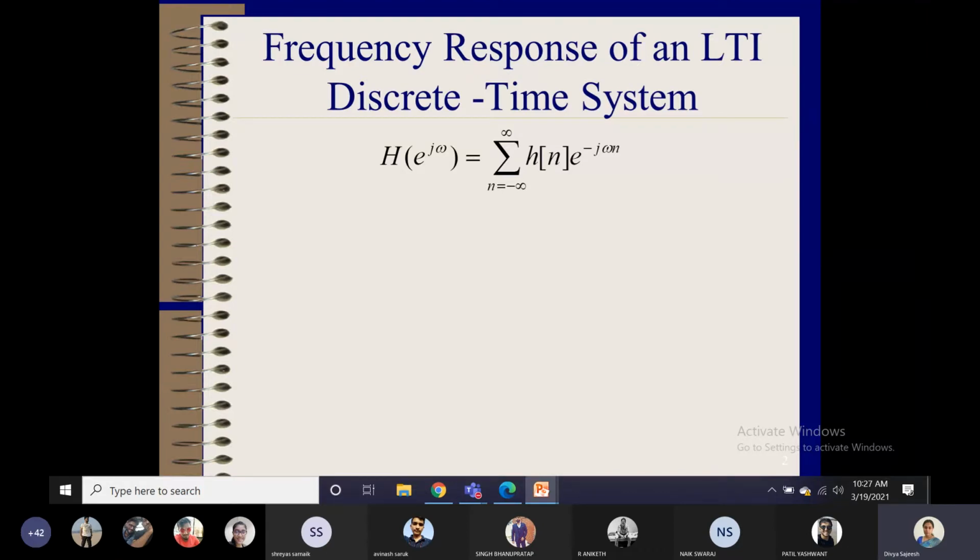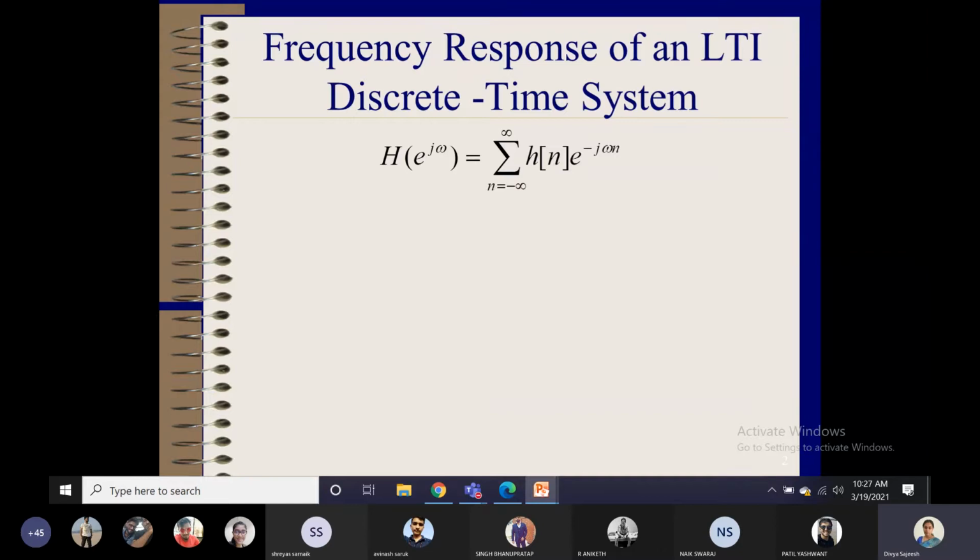But there are other characteristics of the system, like frequency response, which will not be easy for us to observe in the Z plane.